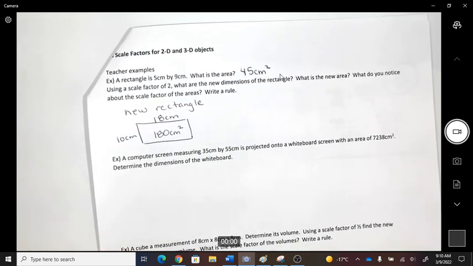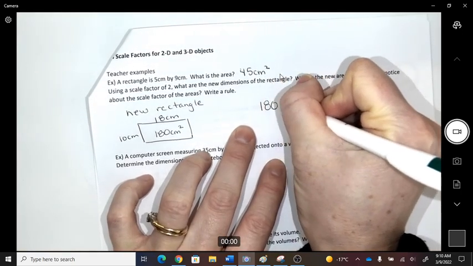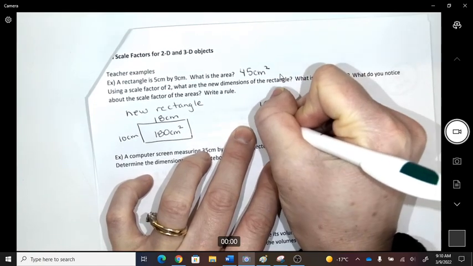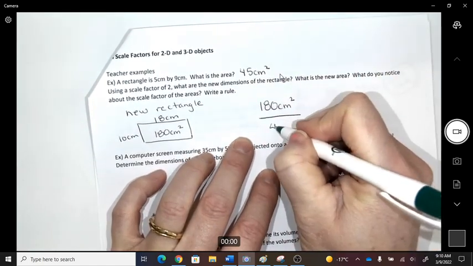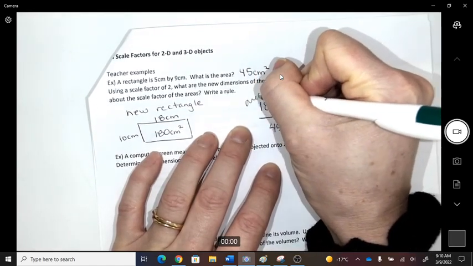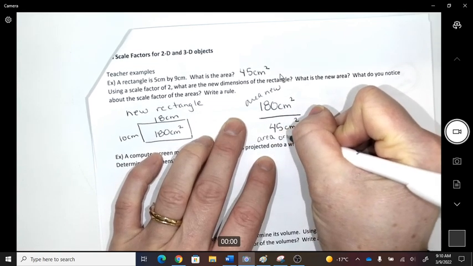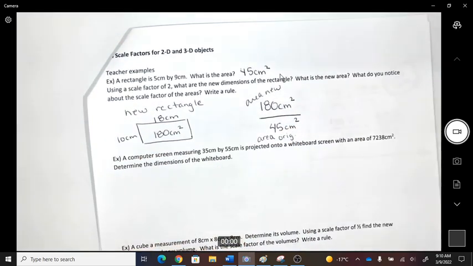So what do you notice about how the areas are different? So the area of the second one compared to the area of the first one, so I'm going to say it like this: the area of the new divided by the area of the original.